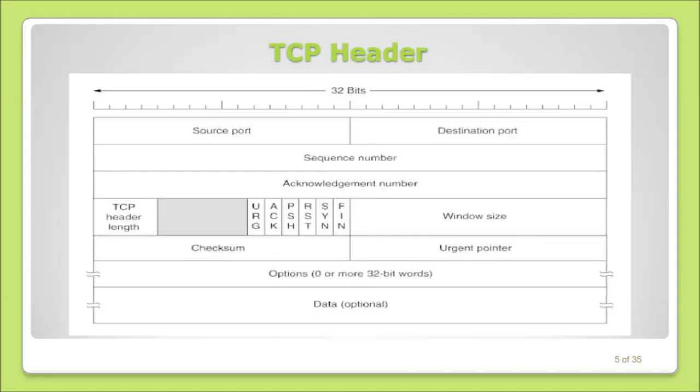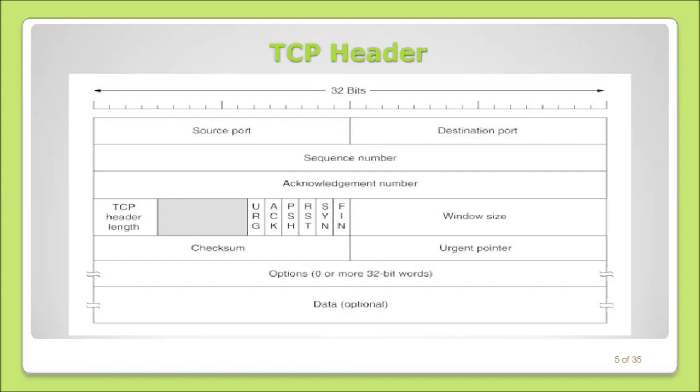TCP header. Dear students, as you know, a header is compulsory for data transmission. Every protocol contains some portion with itself which is called the header. The TCP header contains some fields which we will discuss briefly here. Source port, destination port. You know there are a source device and a destination device.